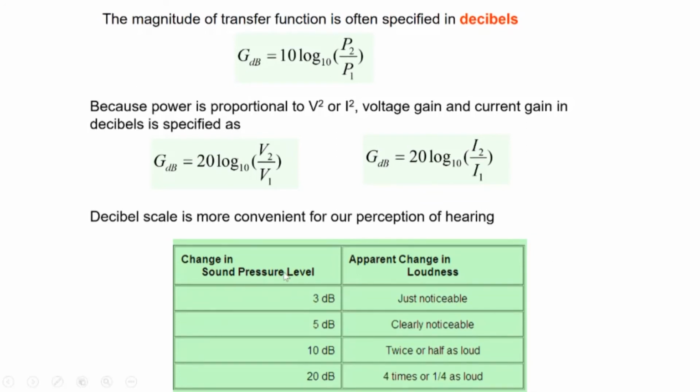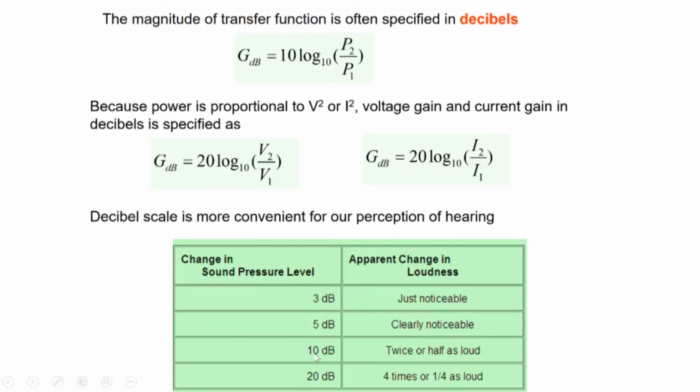Sound is nothing but pressure waves, so it gives us more insight if we express it in dBs. For example, 3 dBs is barely noticeable. If you go from 5 dBs to 10 dBs, a 5 dB change, it sounds twice as loud.